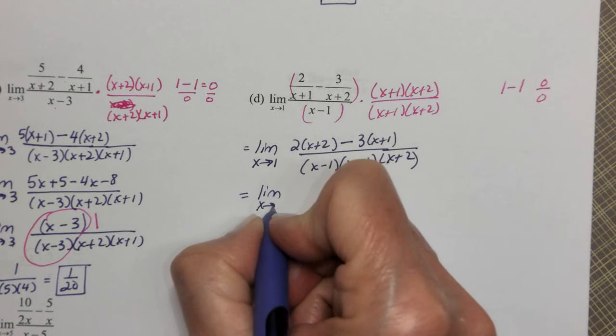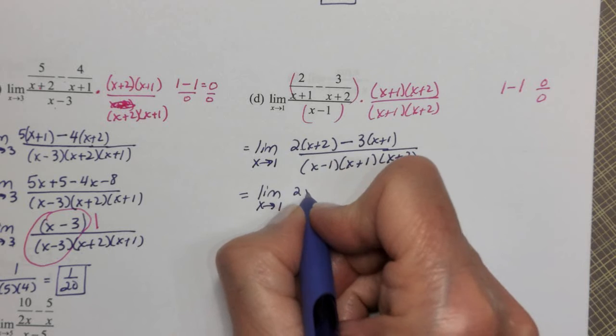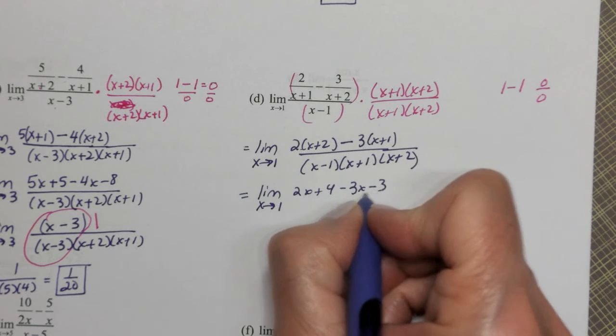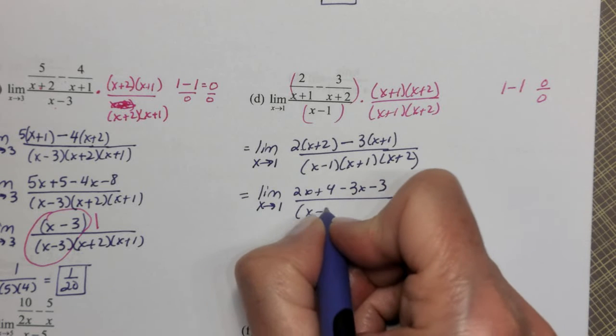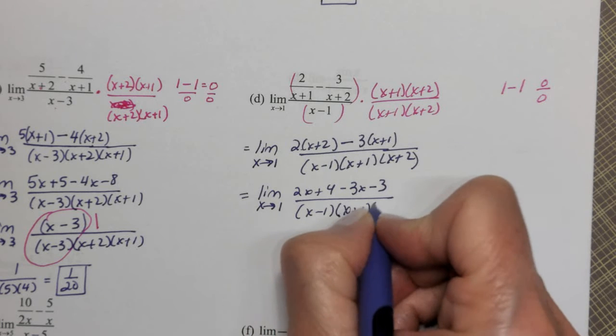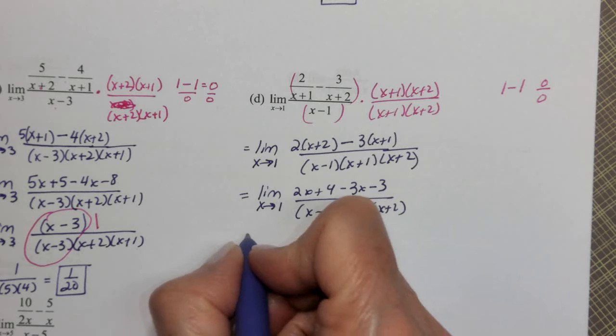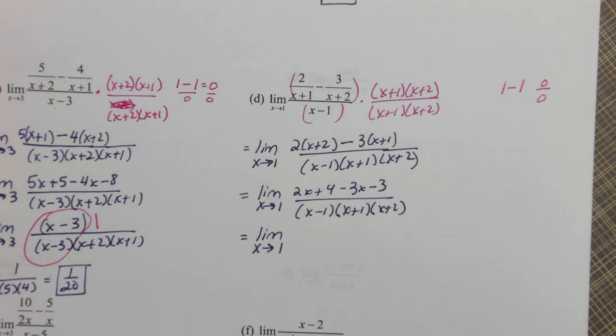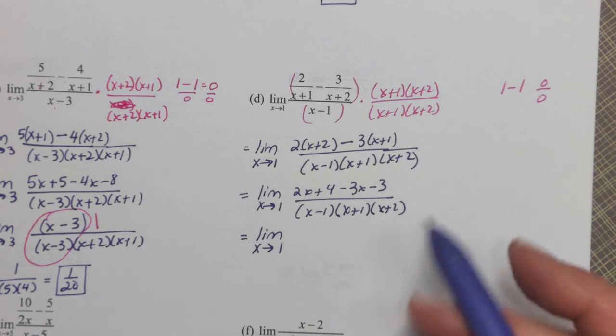Distribute your numerator. We'll have a 2x plus a 4 minus 3x minus 3. Keep rewriting your limit until you can plug in. Until you cancel your hole, keep rewriting your limit.